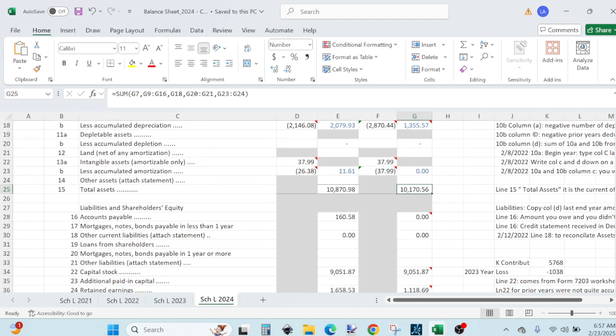If you have payroll taxes that were supposed to be deposited in your payroll tax account with the IRS and you have not done it yet, it's still in your cash, it might be a good idea to put it under accounts payable as well, what is due that you still have in your cash.